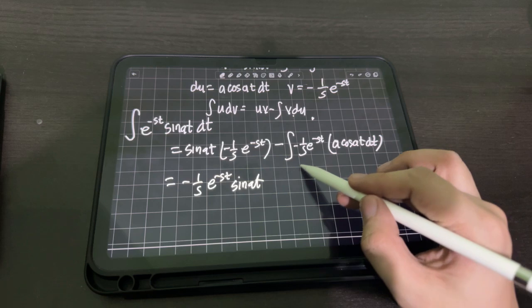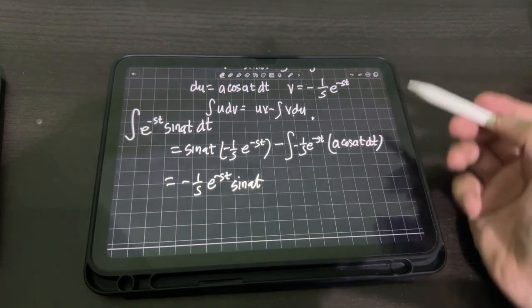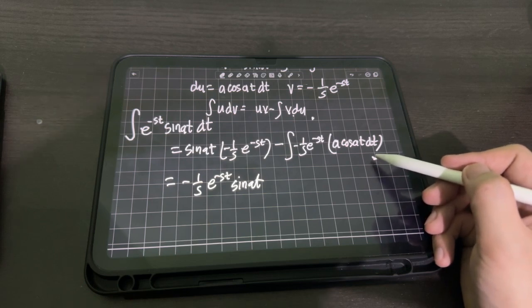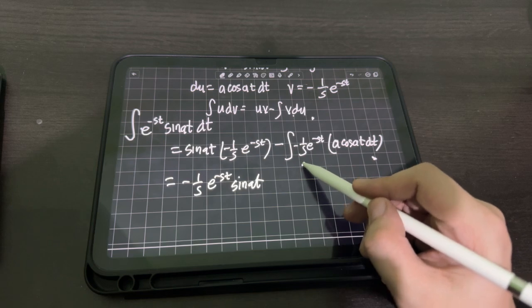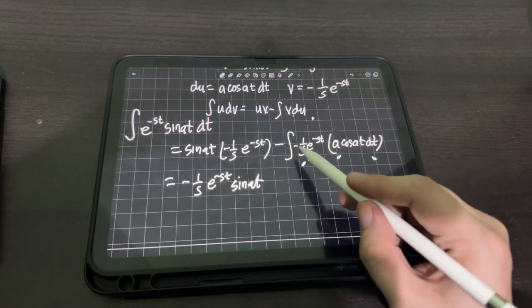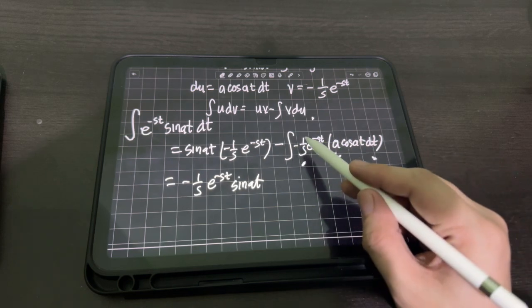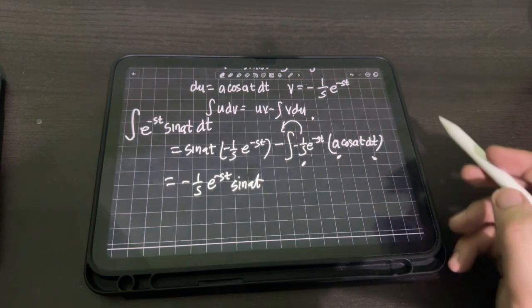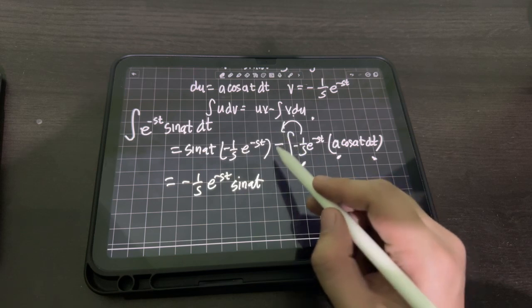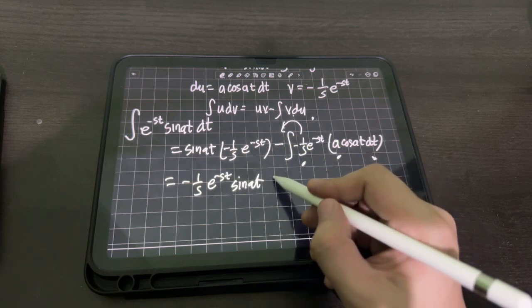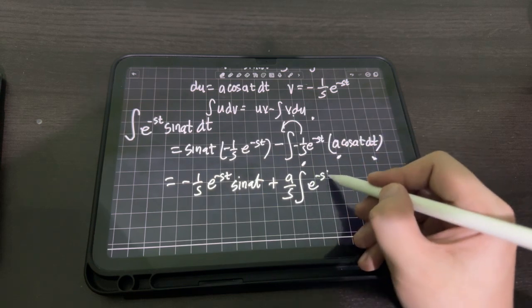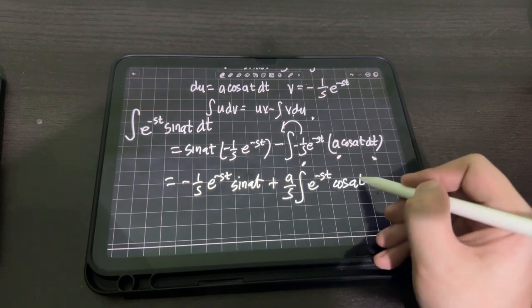And what will be the constant here? We're integrating with respect to t, so those variables that are not t are considered constant, which are negative 1 over s and a. So negative 1 over s times a, or negative a over s, is just a constant. We put it in front of the integral. We multiply by the negative, so negative of negative a over s will be positive a over s, times the integral of e to the negative st cosine at dt.